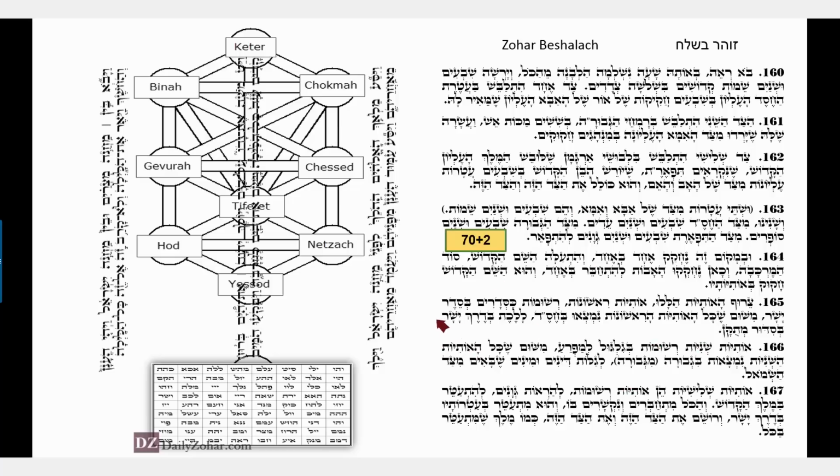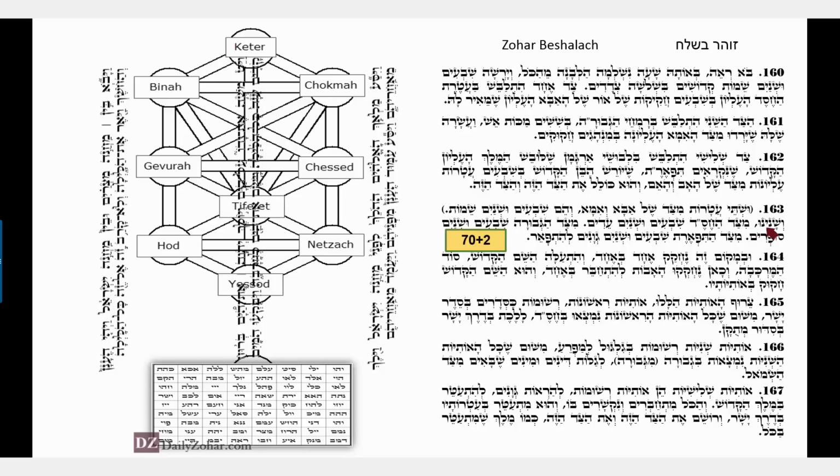Another thing that's important to understand is that the 72 names are, as the Zohar expresses, I'll read it here in Aramaic, ושתי עטרות מצד של אבא ואמא, and 2 crowns from the side of father and mother, חוכמה ובינה, and there are 72 names.